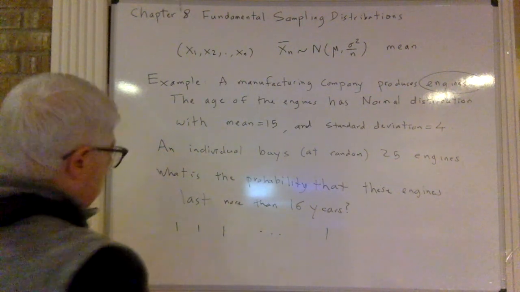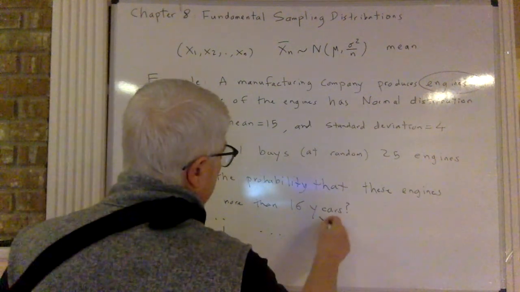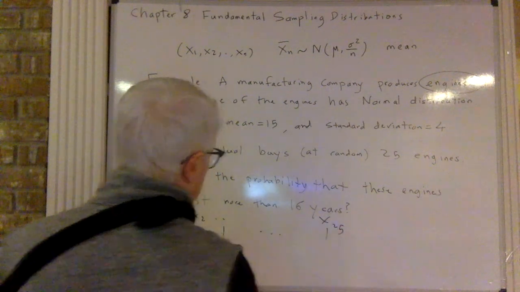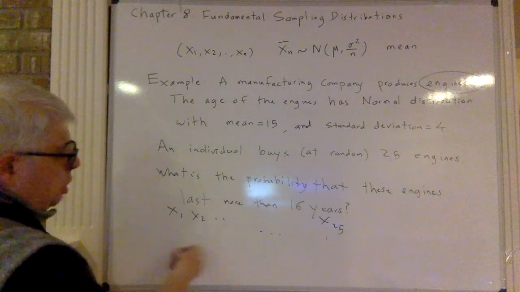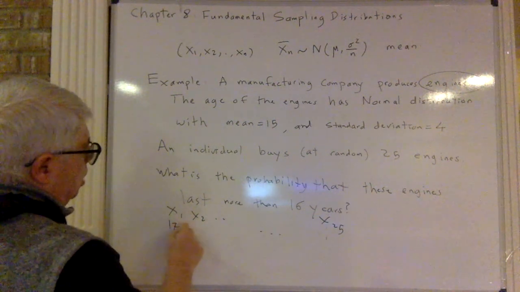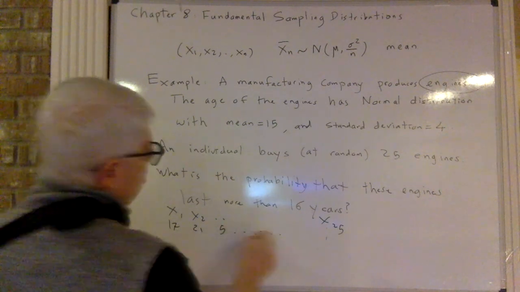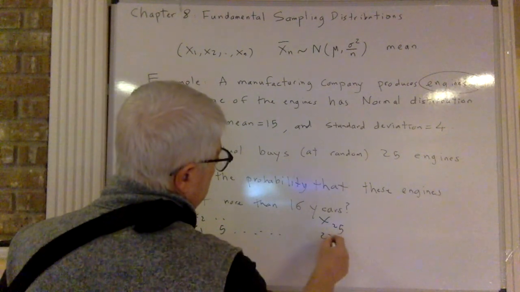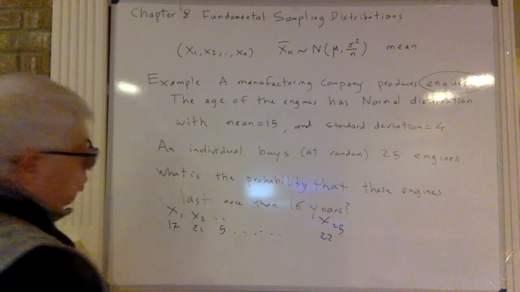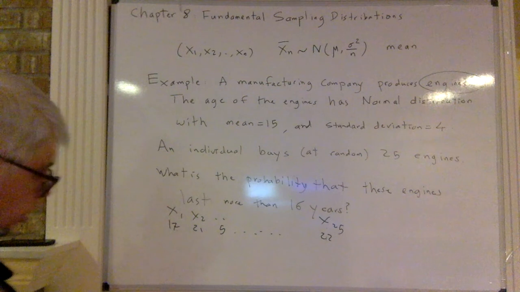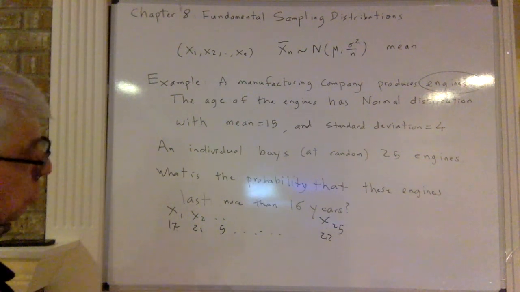If this is x1, x2, up to x25, we don't know what these are. This one might last 17 years, this one 21 years, this one say 5 years, this one say 22 years, something like that. As I said, if you want to see that, you have to wait many, many years and see what happens. But we want to predict.